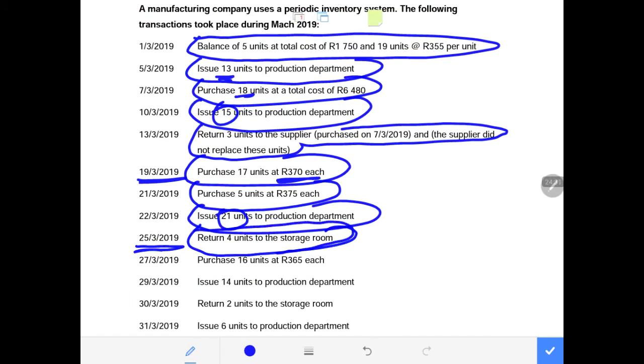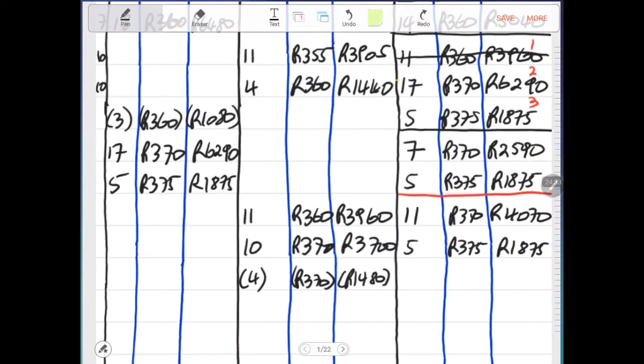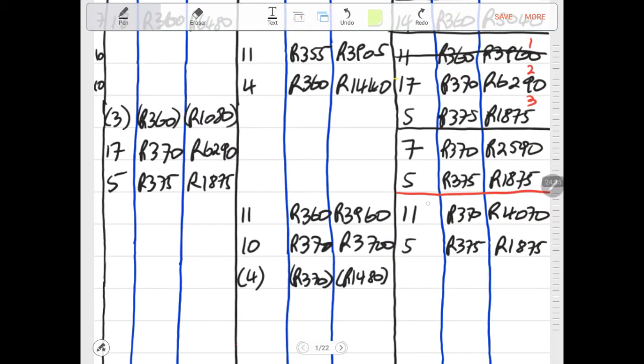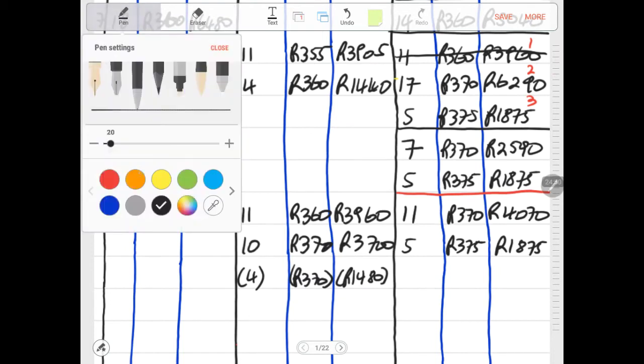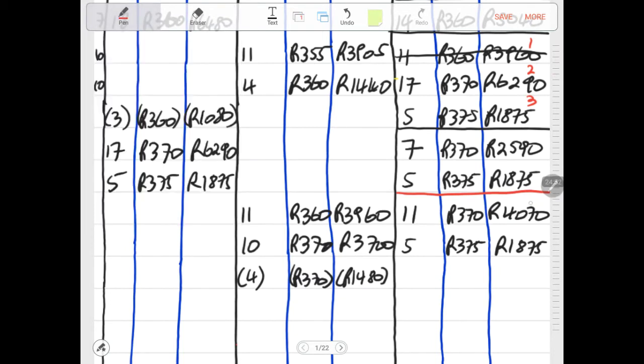Then the inventory that is now available at our disposal: we have 11 units at 370. Let me just make that 370 very clear. 11 at 370, and we also have 5 at 375. And when we issue, we have to issue in the order of number 1, number 2.